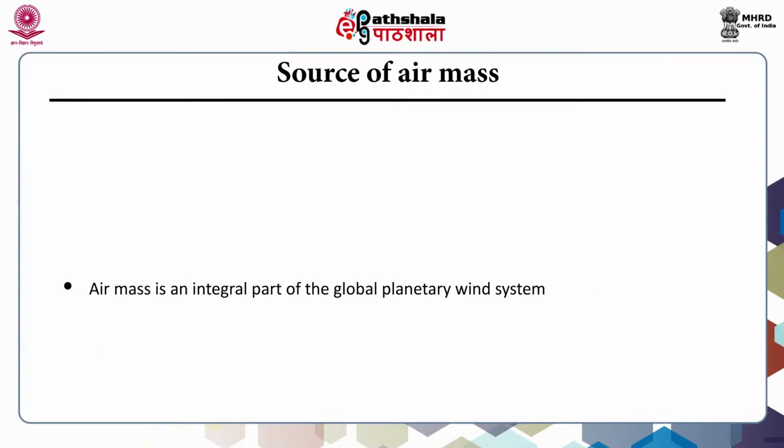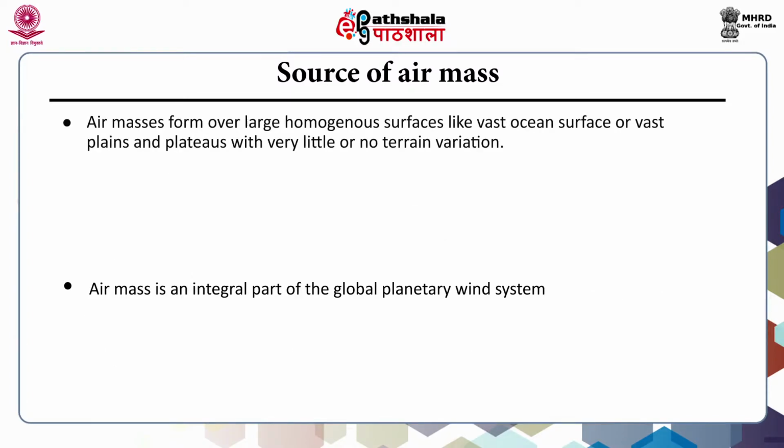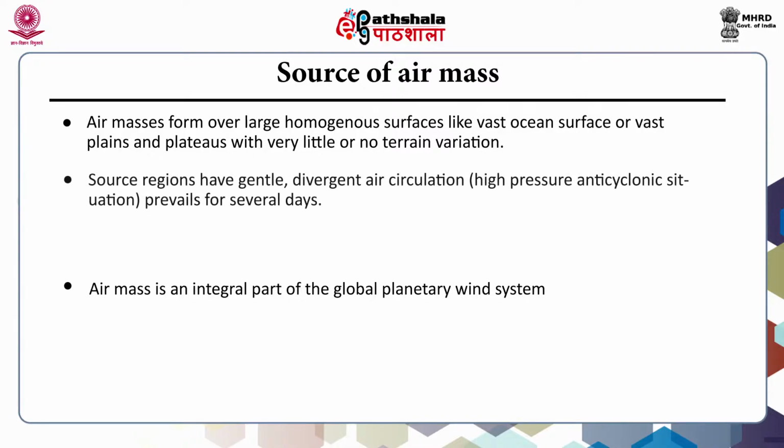What are the sources of this air mass? Air masses form over large homogeneous surfaces like vast ocean surfaces or vast plains and plateaus with very little or no terrain variation. The source regions have general divergent air circulation, that is, a high pressure anticyclonic situation which prevails for several days.